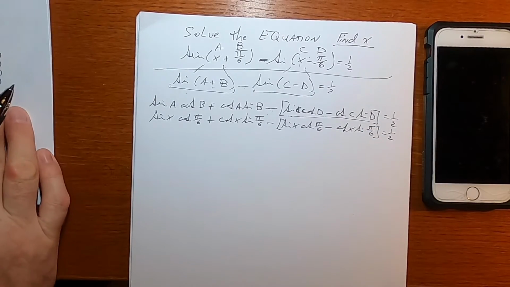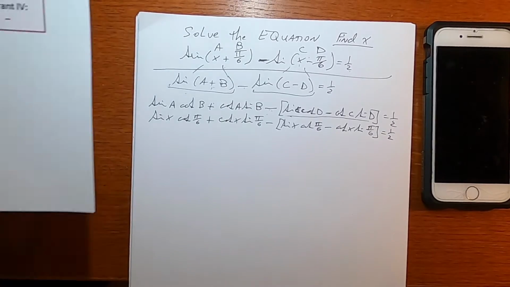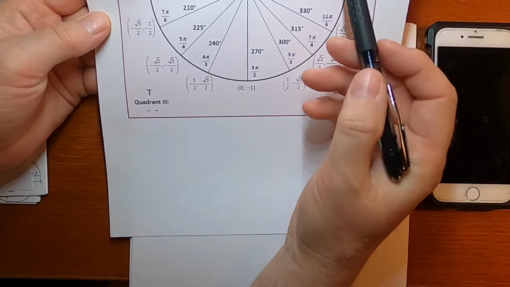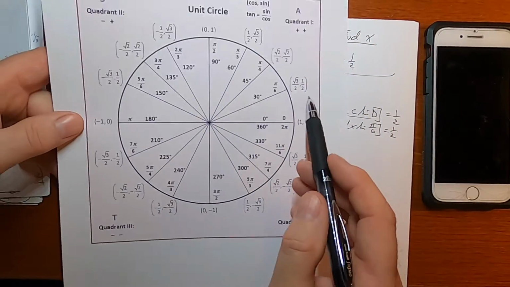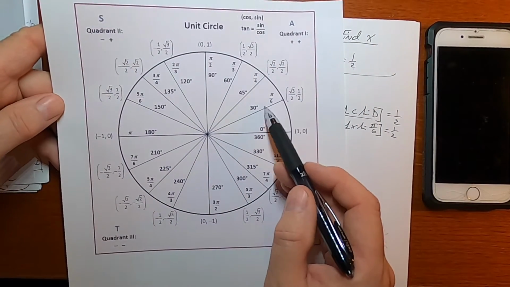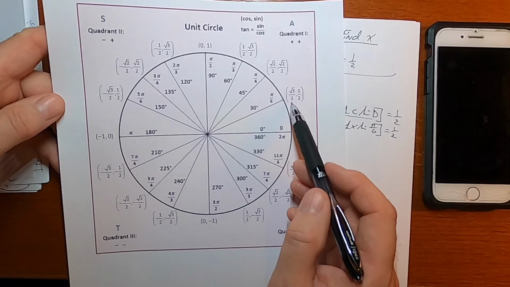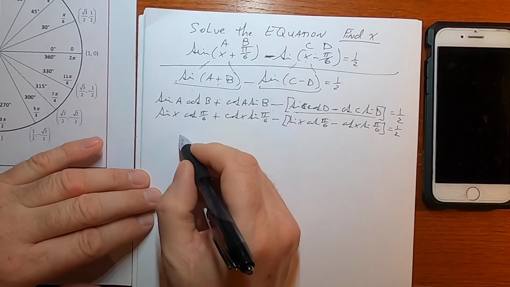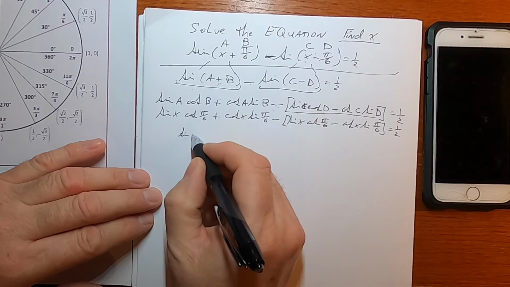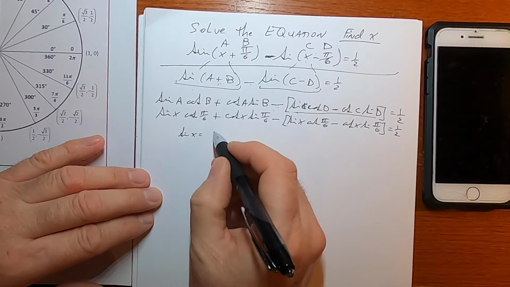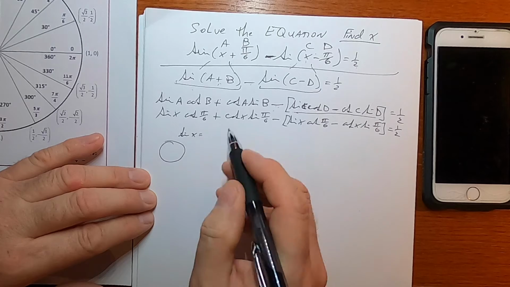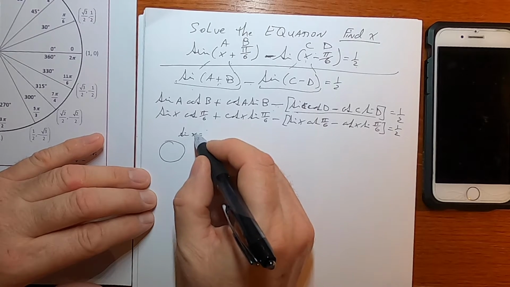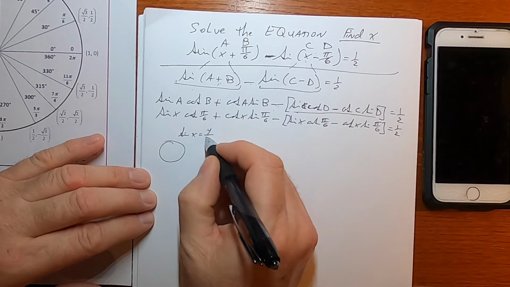Okay, now we've got to go to our unit circle and see what this π/6 is going to deliver. Well, here we have the π/6, 30-degree angle, and we have the x value and the y value. And as you know, the sine on the unit circle is really y over r.